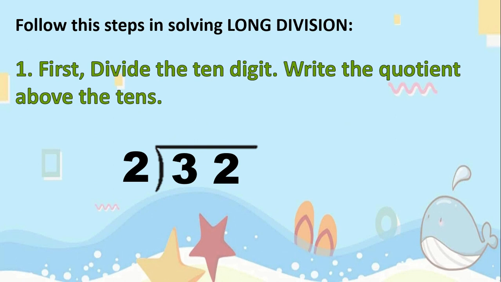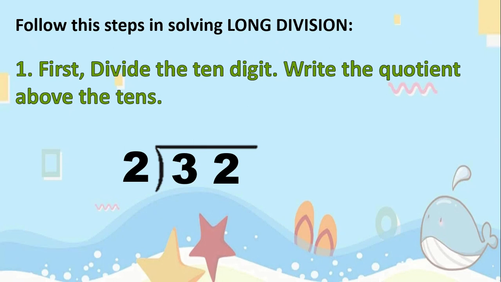In subtraction, addition, and multiplication, we work in the ones place. But this time, in the long division form, we are going to use the tens place. So which is the tens place here in the 32? Very good. The number 3. So we are going to divide 3 divided by 2.